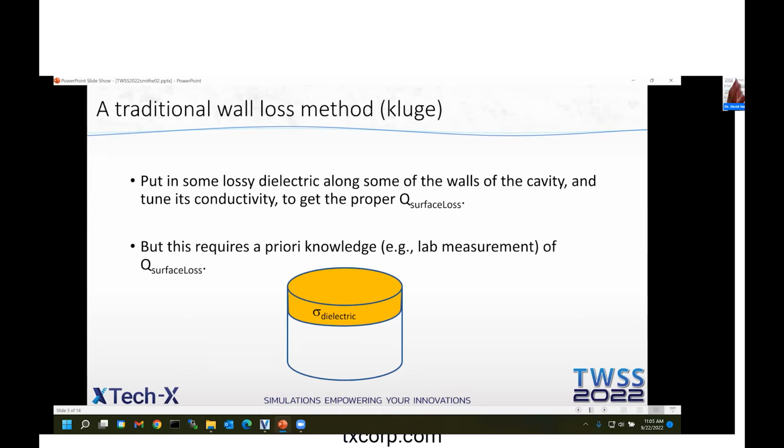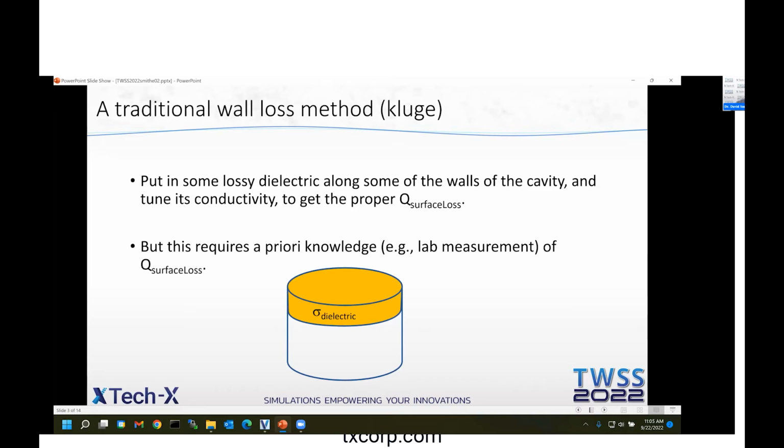There's a picture of this kludge, what you would do if you had a cylindrical cavity. Maybe you'd put some of this artificial lossy dielectric on one end. That would give you loading. Then you'd run some simulations and see how much the cavity was loaded.